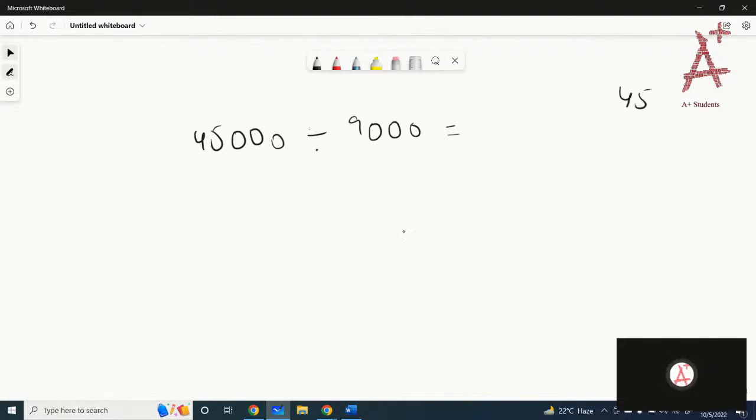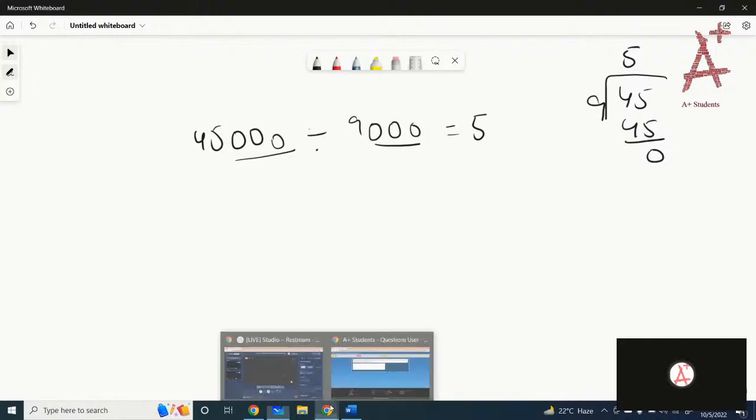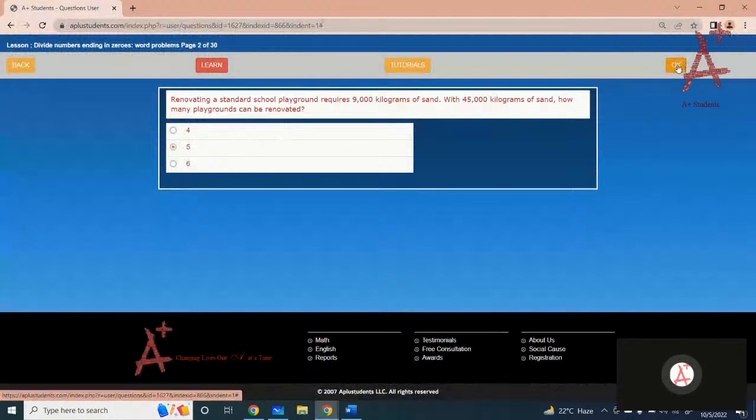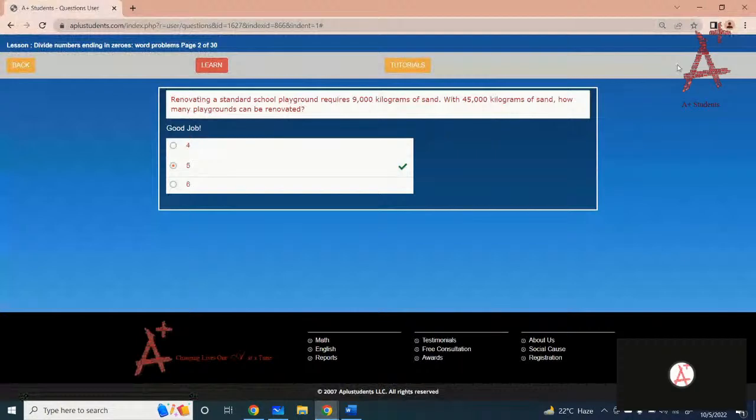You have to divide 45 by 9. 9 times what number is 45? 9 times 5 is 45. So the digit is 5, and here you have three zeros and here you have three zeros. They cancel out each other, so you have no zero in the answer. That means with 45,000 kilograms of sand, one can renovate 5 playgrounds. Got it? Select the correct option and click on the OK button.